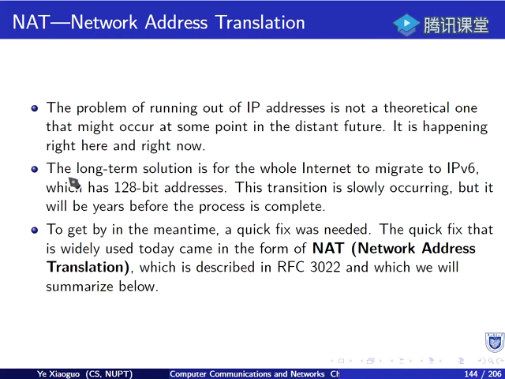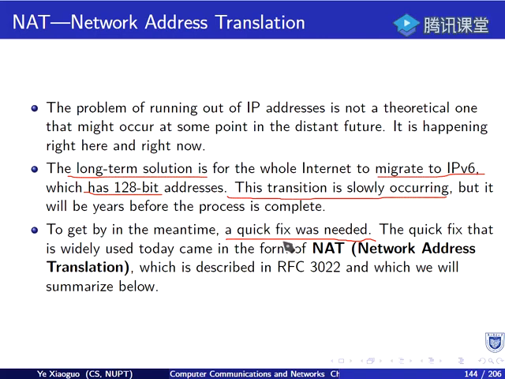The long-term solution is for the whole internet to migrate to IPv6, the next generation of IP protocol, which has 128-bit addresses. This transition is slowly occurring, but it will be years before the process is complete. To get by in the meantime, a quick fix was needed.